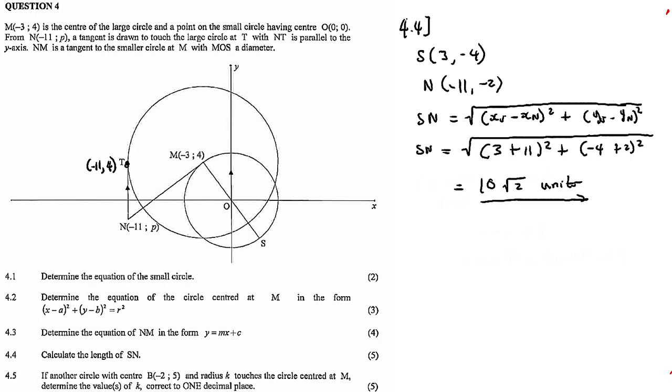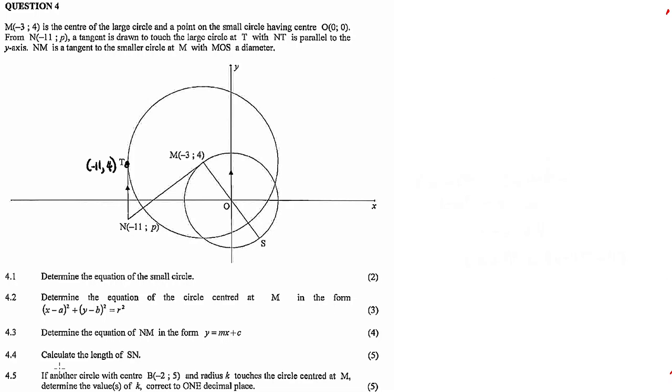Now let's go to 4.5. Let's erase here. Now 4.5: if another circle with center B minus 2 and 5 and radius K touches the circle centered at M, determine the values of K correct to 1 decimal place.